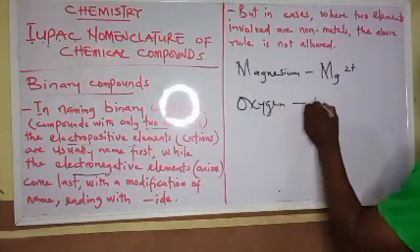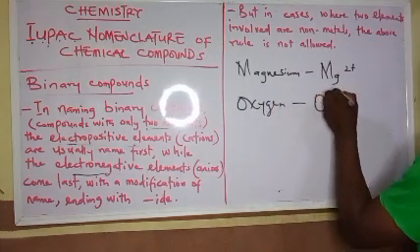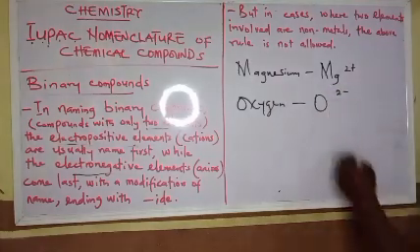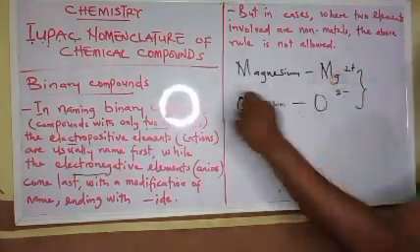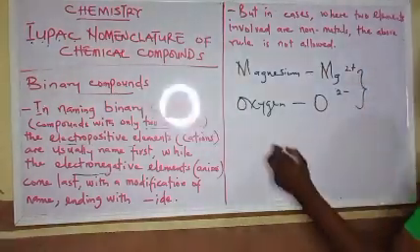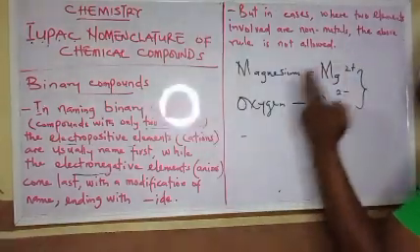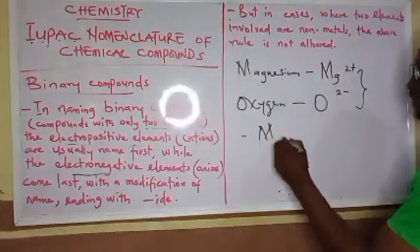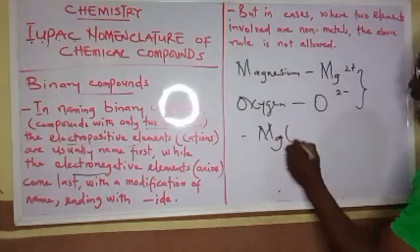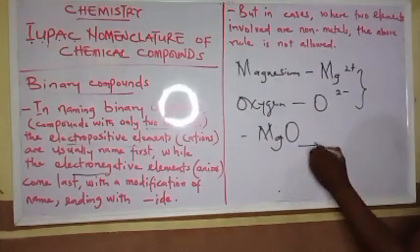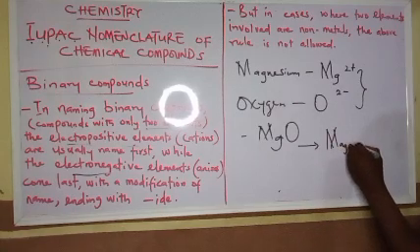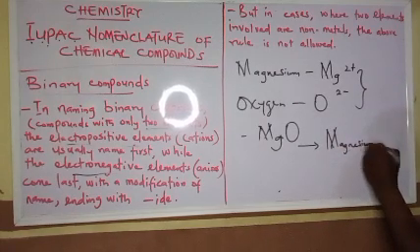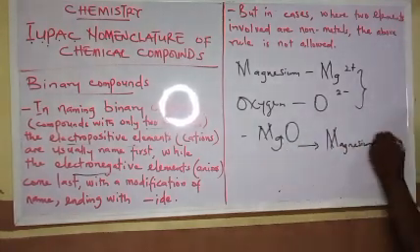It gains 2 electrons to become negatively charged. So the reaction between the 2 elements forms a binary compound, that is a compound that has 2 elements, magnesium and oxygen. In the naming of this, we name the electropositive element first, magnesium, then oxide.